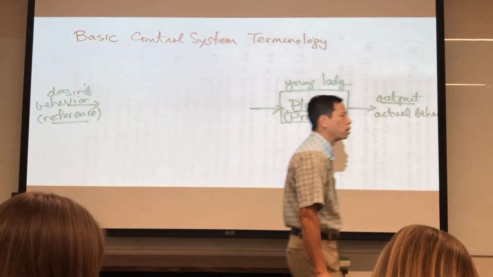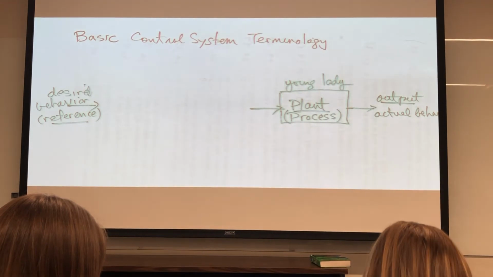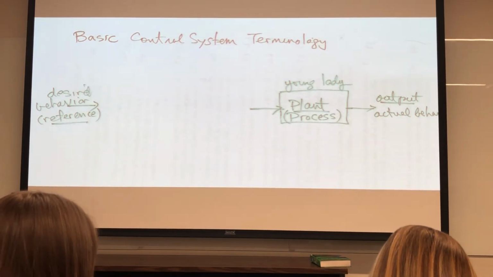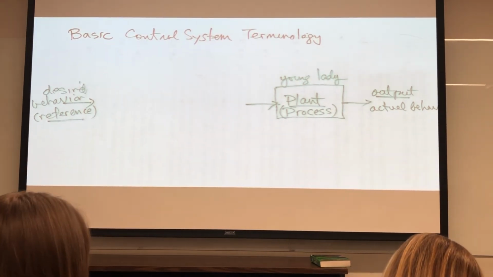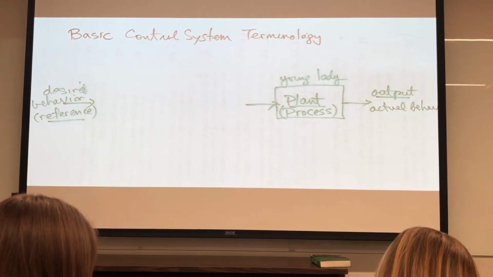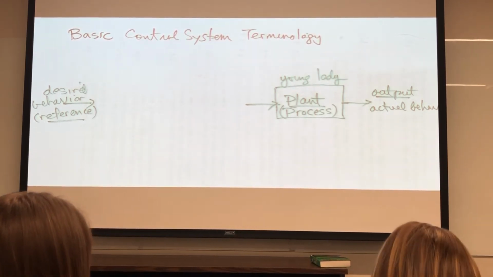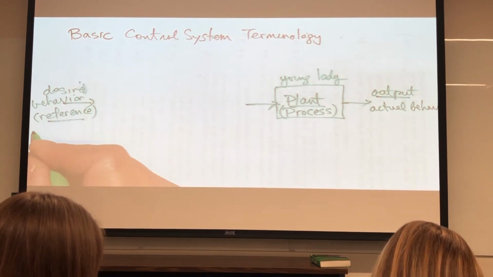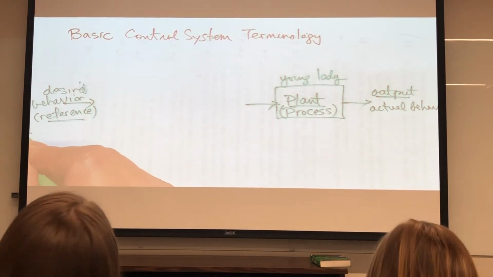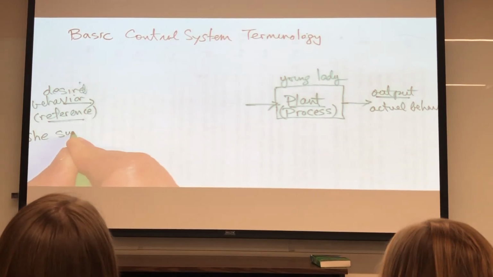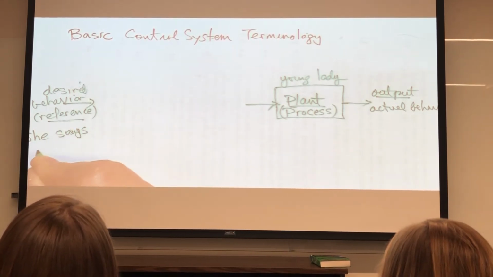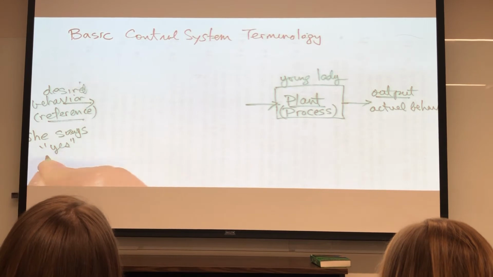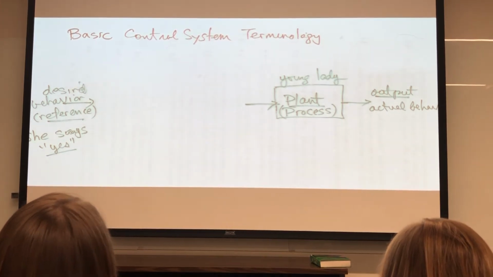So what is an example of the desired behavior? Okay, young man, I see some nice ladies up here. You may say, that one's particularly cute. I would like for her to say yes.